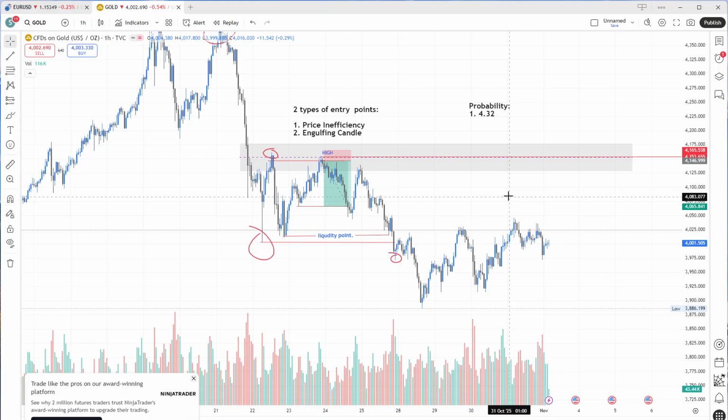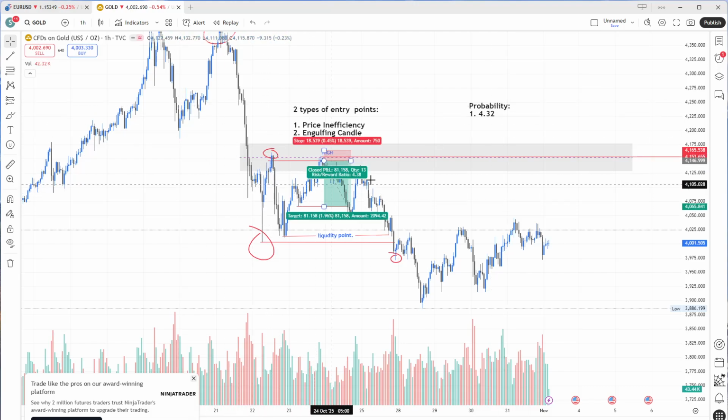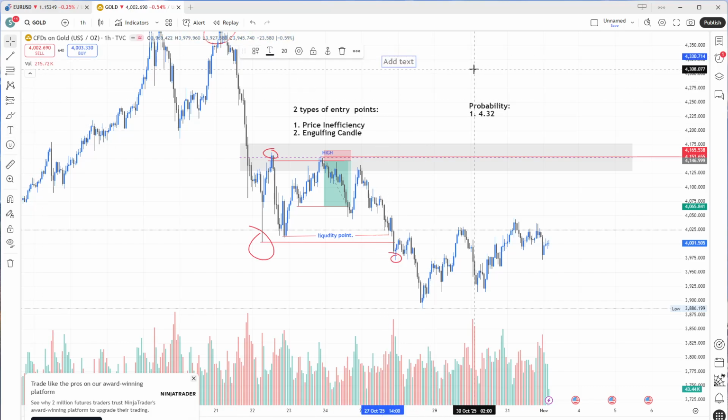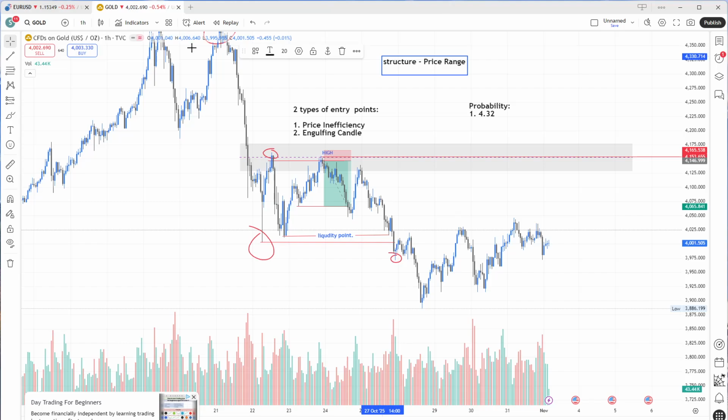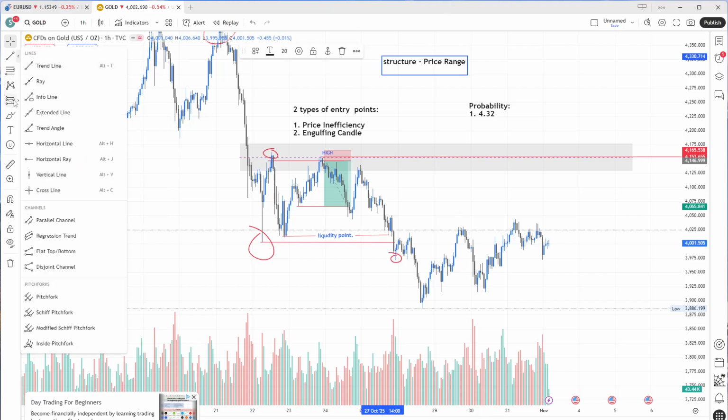Okay. All right. So again, the overall thing that you guys have to really go by and have to understand is the structure, which is the price range. That's the key right here.